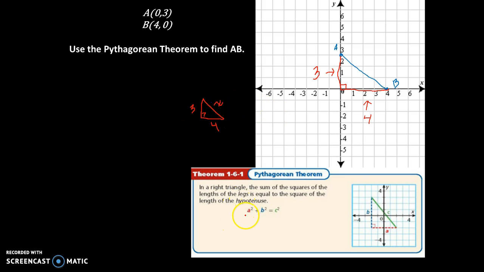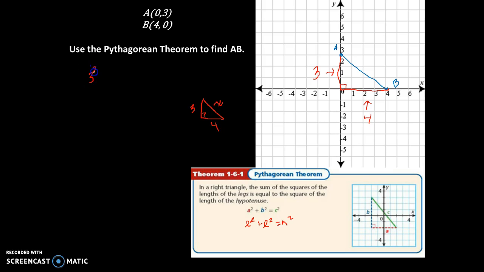Pythagorean theorem says a squared plus b squared equals c squared. I like to think of this as one leg squared plus the other leg squared is always equal to the hypotenuse squared. That way you know that the legs are always on the same side of the equation and the hypotenuse is on the other.